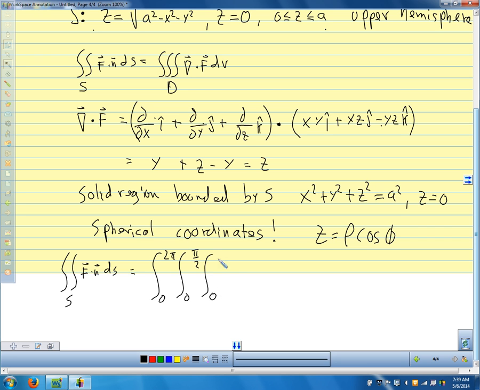And our radius, rho, varies from 0 to a. The integrand is rho cosine phi, times rho squared sine phi, d rho d phi d theta. And this whole thing is my dV, rho squared sine phi d rho d phi d theta.